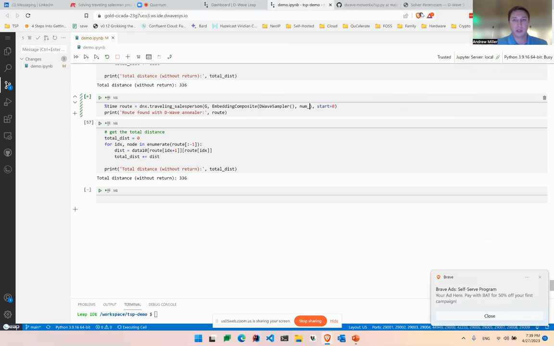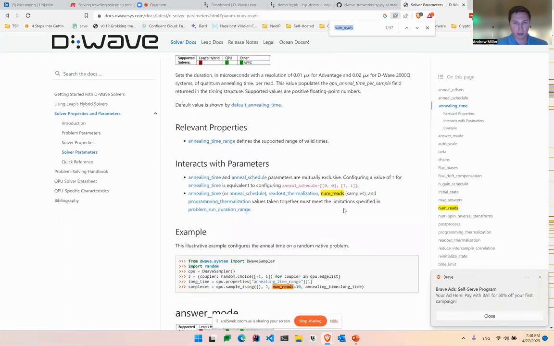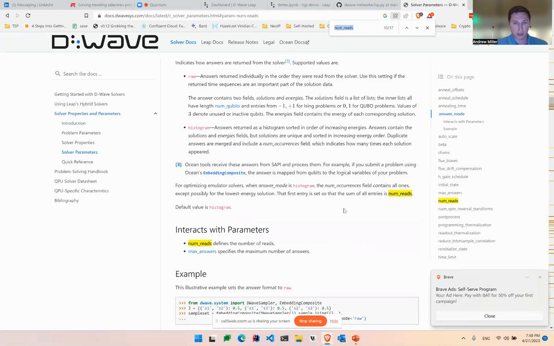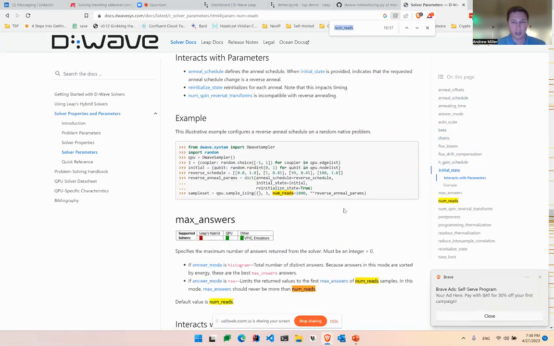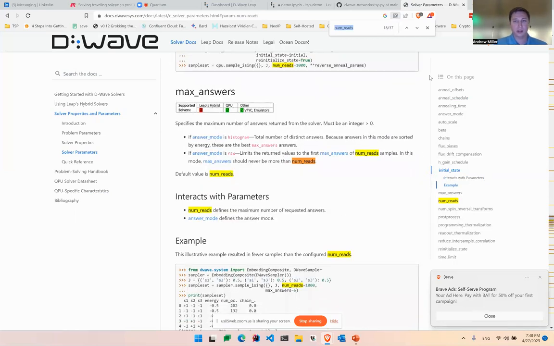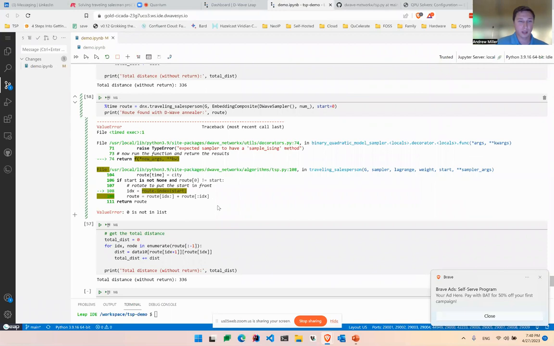But by default, they say that it will be somewhere in here. From memory, I think they say it's 1,000 times is what they do by default. But I honestly don't trust documentation because I saw it being out of date somewhat.